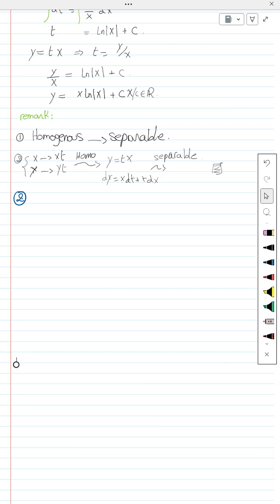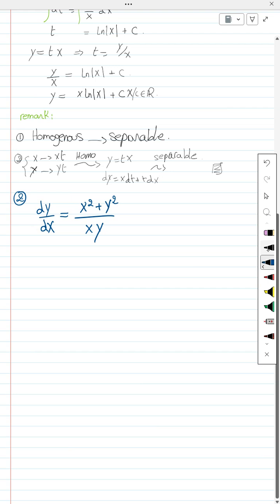It says that dy over dx is going to be equal to x squared plus y squared over xy. We can just replace in our mind.